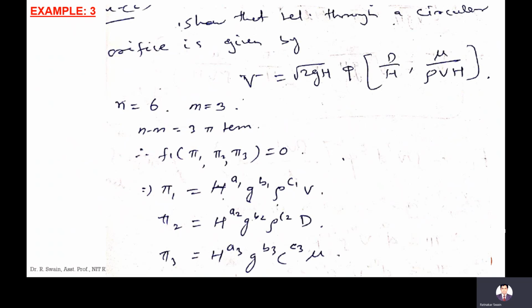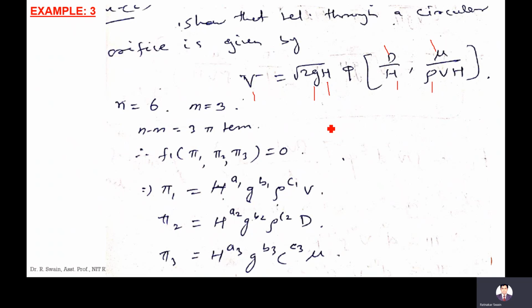Consider another example. The velocity through a circular orifice is given by square root of 2gh times a function of d by h and mu by rho h square root of gh. Here n is 6. The total variables are velocity, g, h, d, mu, rho.